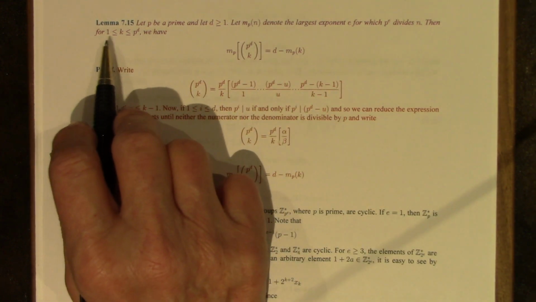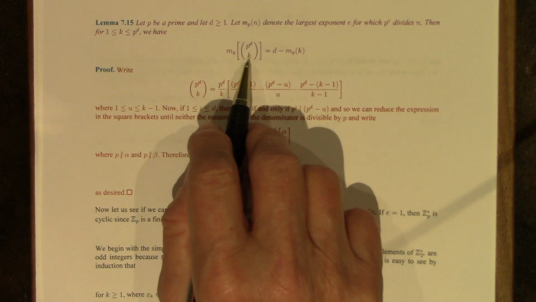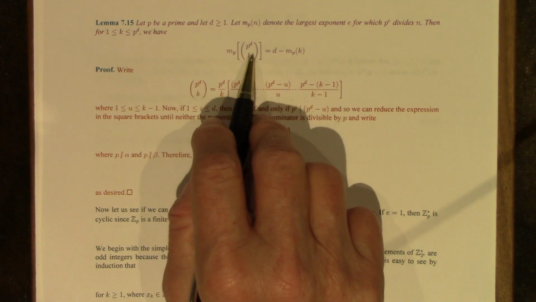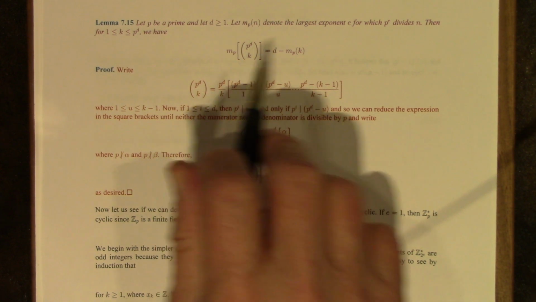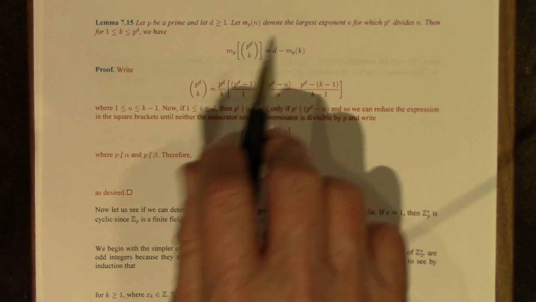Then for any k between 1 and p to the d, m_p of this binomial coefficient, p to the d choose k, is equal to d minus m_p of k.